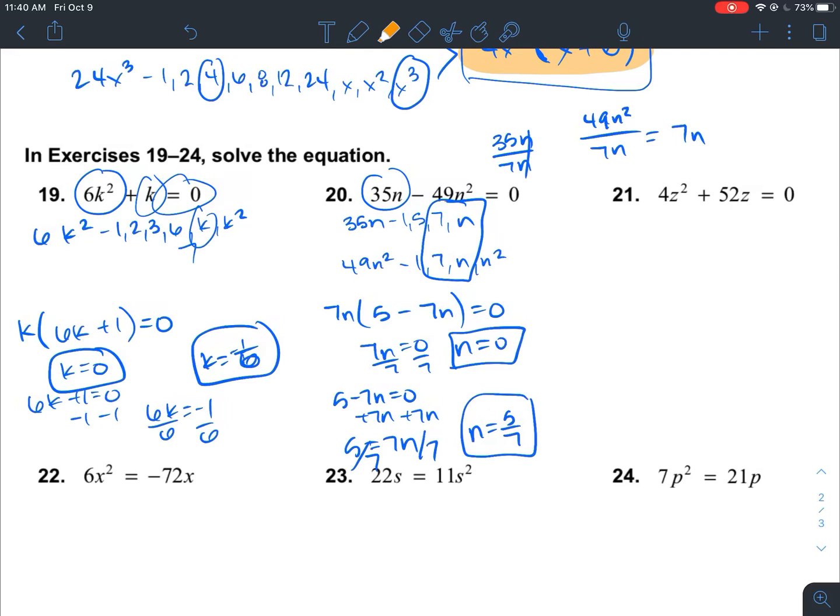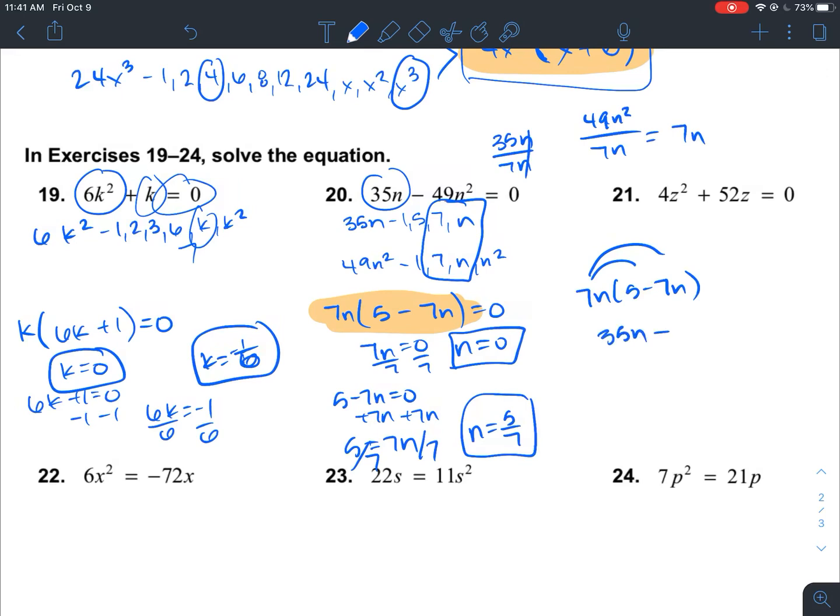Also note this, guys. Let's take this equation again that we have here. So if this is 7n times 5 minus 7n, let's multiply these two polynomials together. So let's distribute that 7n inside. Well, 7 times 5 is 35n.